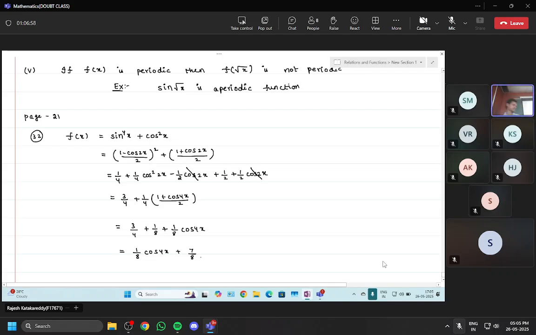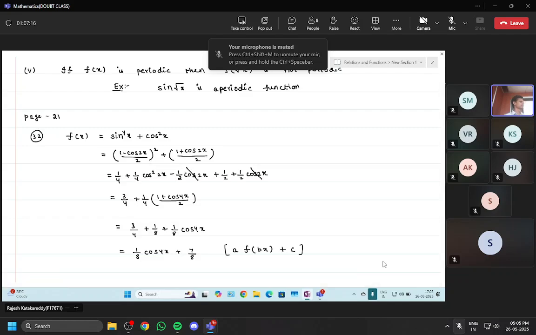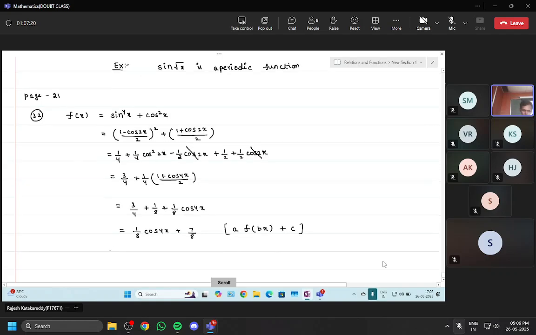Now you see this function, it is in the form of a into f of maybe bx plus c. So a and c are not creating any harm to the fundamental period, right? What is creating the problem is b inside, right? Now I can say the fundamental period, unless they have mentioned, they are talking about the fundamental period.